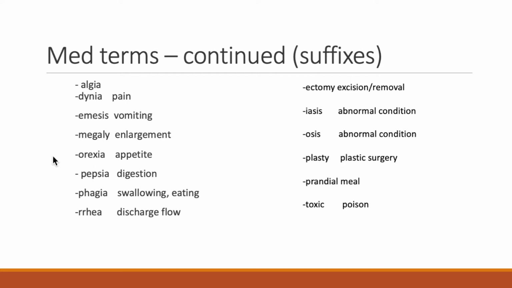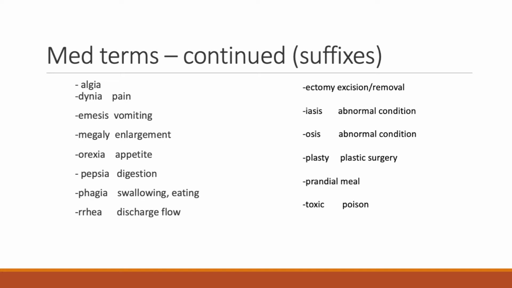Orexia, so think of anorexia, is appetite. An is without appetite. Pepsia is digestion. Phagia, swallowing or eating. So dysphagia means difficulty swallowing or eating. Rhea is discharge or flow, so think of diarrhea.